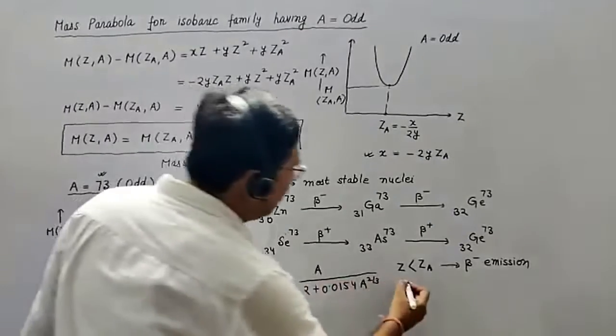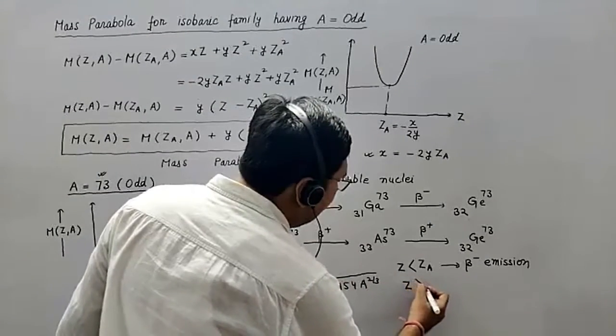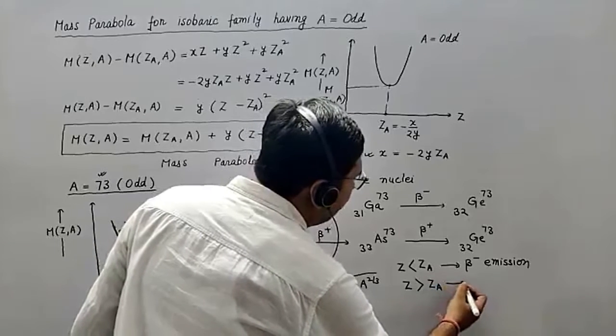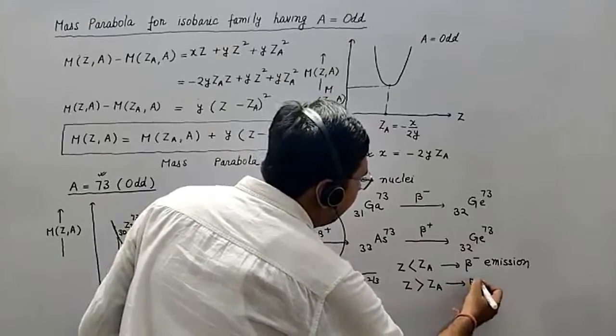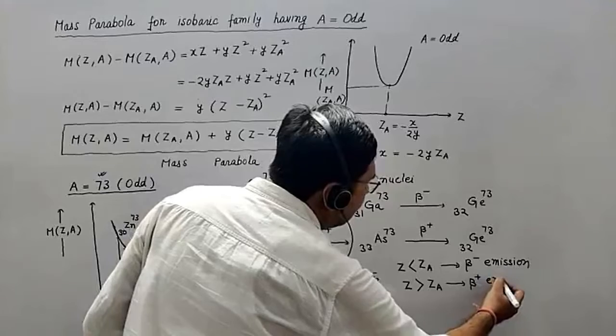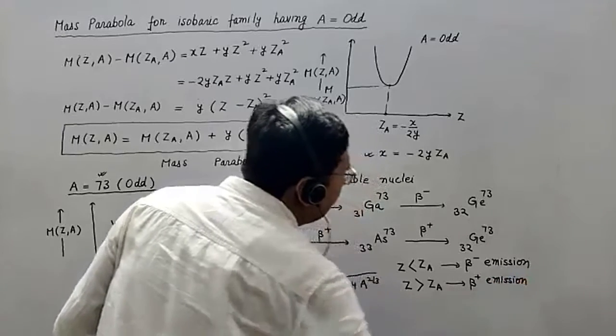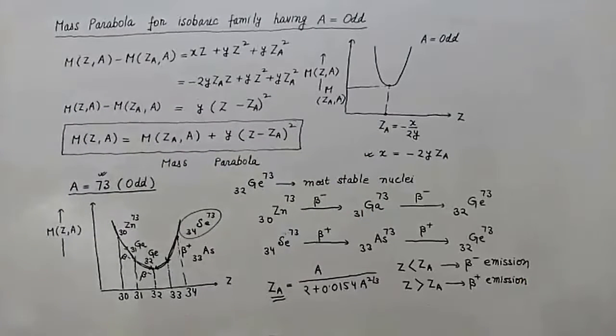If the Z number is higher as compared to ZA, then it will undergo beta plus emission to achieve the most stable nuclear configuration in the isobaric family. So in this way we can decide whether a nuclei in an isobaric family will emit a beta plus particle or a beta minus particle.